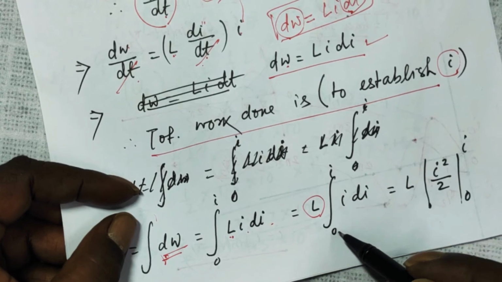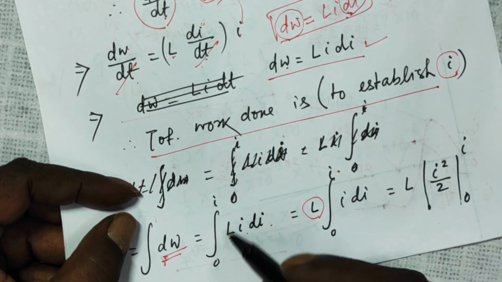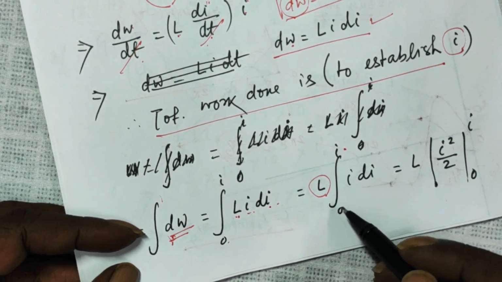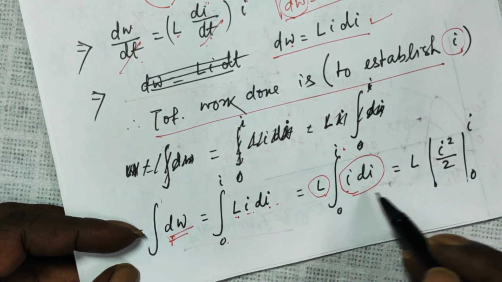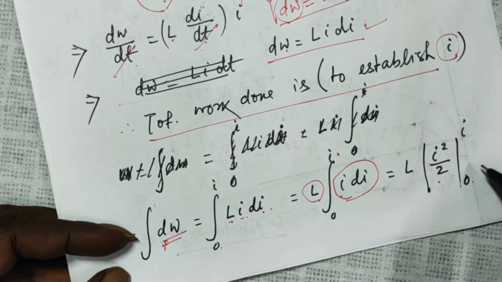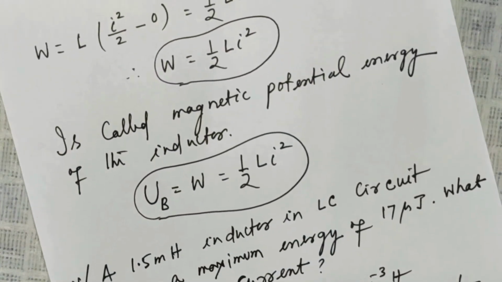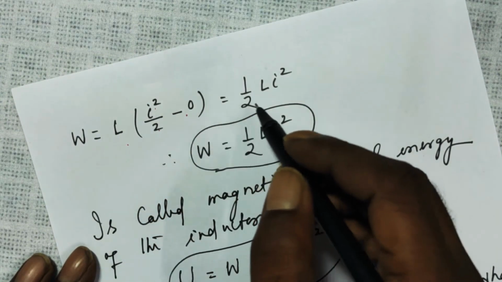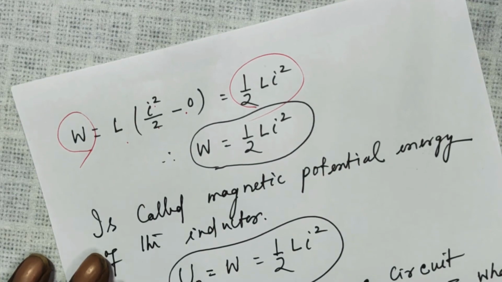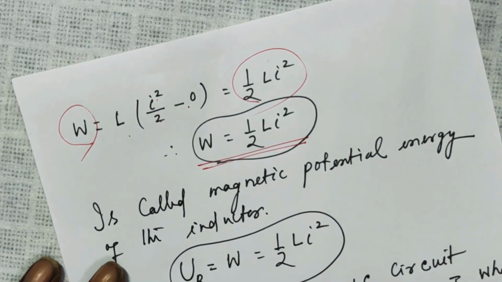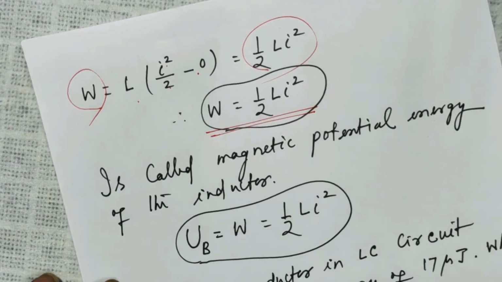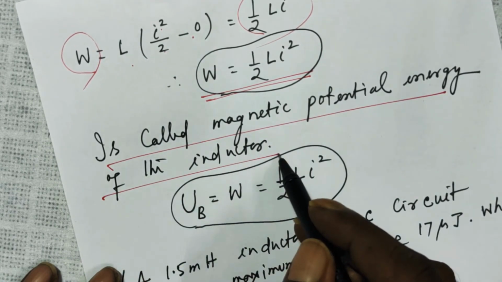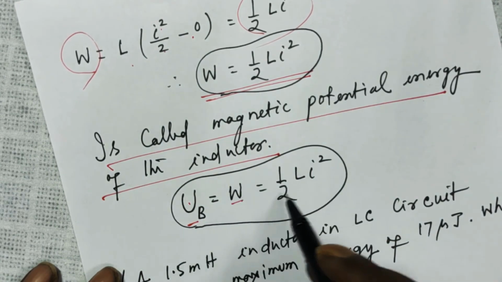Since I am integrating I with respect to I, the limits will be the current from 0 to I. So this becomes I square by 2 in the limit from 0 to I. So your work done is equal to L I square by 2 minus 0, that is half Li square. This work done to maintain the current I is nothing but the energy of the inductor. It is called the magnetic potential energy of the inductor. Symbol is UB. W is half Li square.